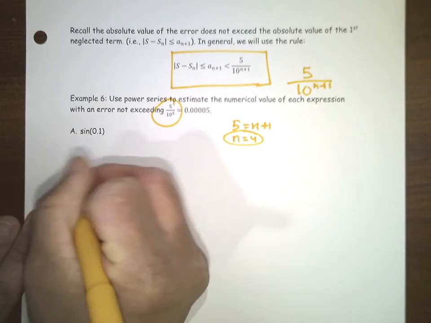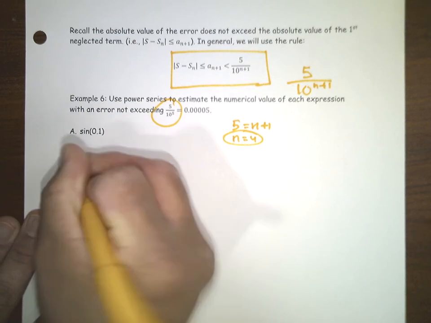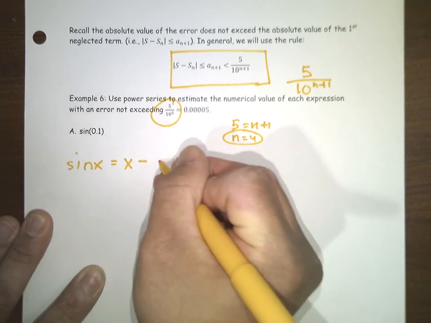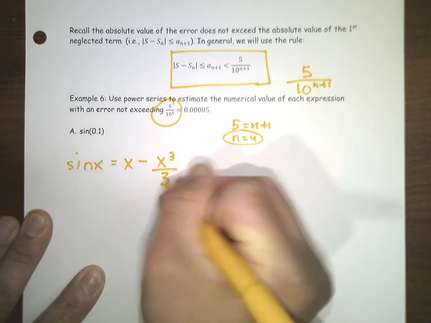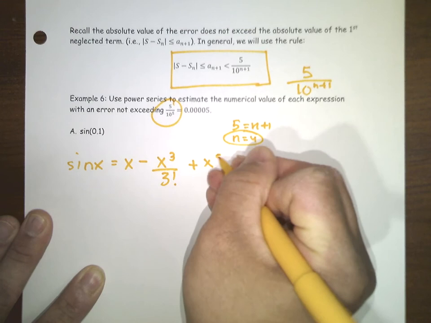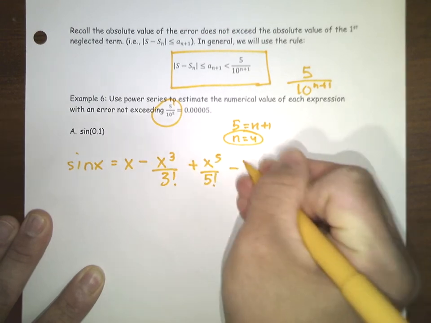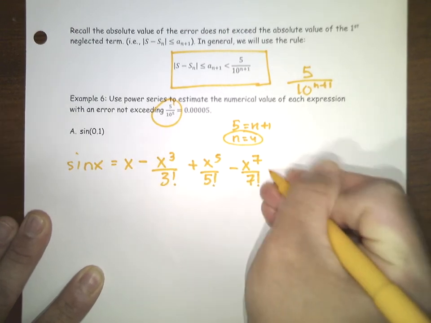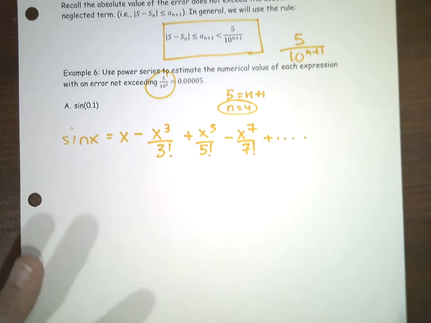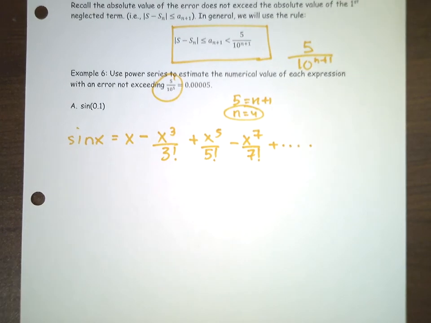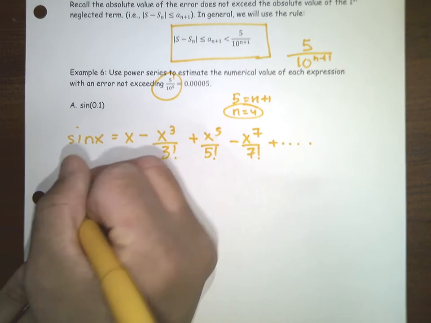All right, so here's what we have. We have sine of x is equal to x minus x to the third over 3 factorial plus x to the fifth over 5 factorial minus x to the seventh over 7 factorial, and so on. So if we want to estimate the numerical value of sine of 0.1, well, here it is.